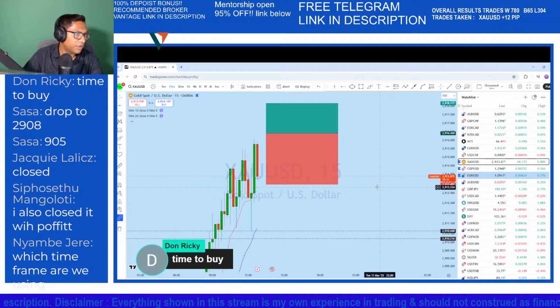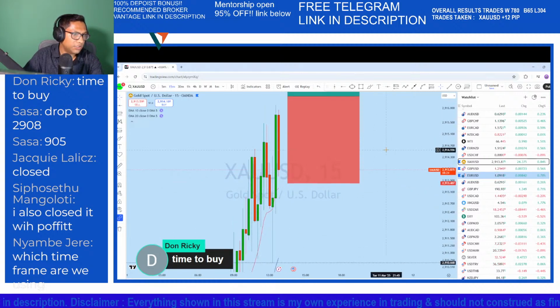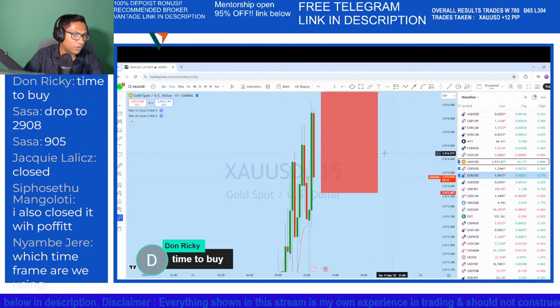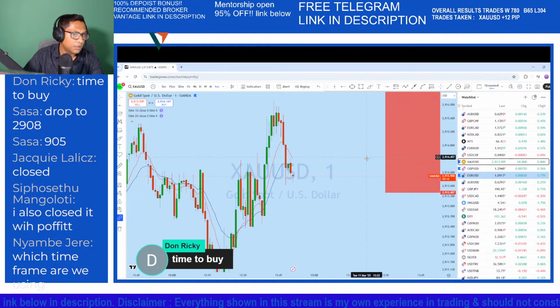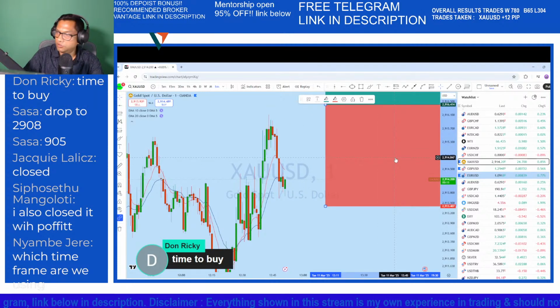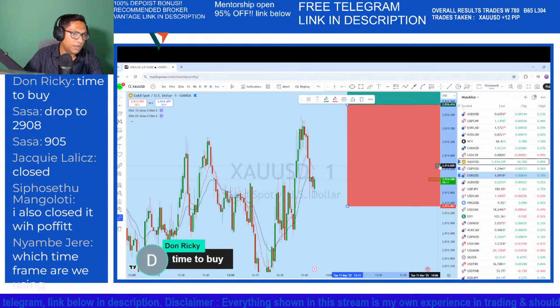So here from the 15 minutes, if we look at XAUSD from the support level, there is a bounce. Want to see that it's moving in the major direction. We see there is a primary rejection here.